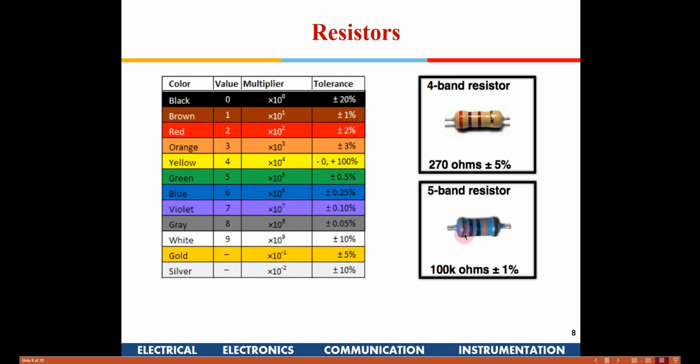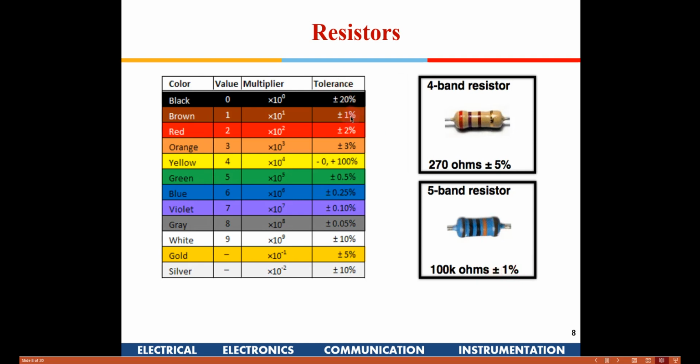Like the first one out here, if it is brown, black: brown is 1, black is 0, 0. So 1, 0, 0, and then it is orange. Orange is 3. So 1, 0, 0 into 10 to the power of 3, so 100 K ohms. Then you have this last band, again brown. This is a more accurate resistor, so it has plus minus 1% error.